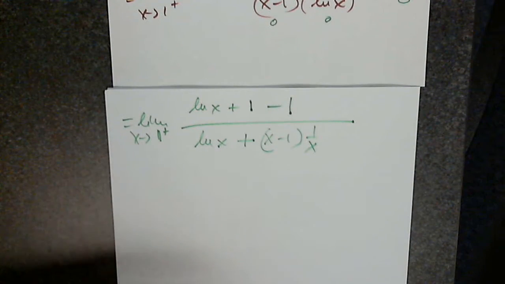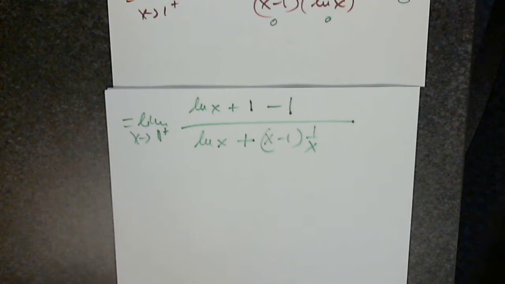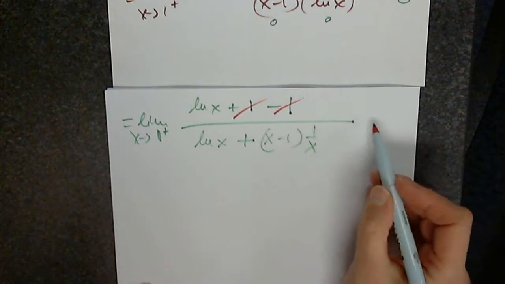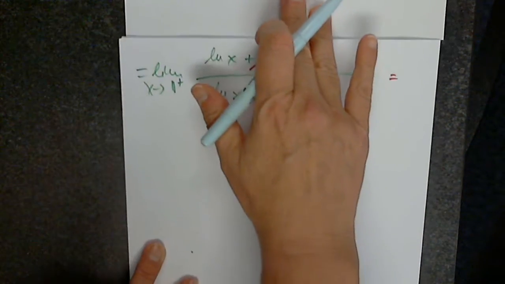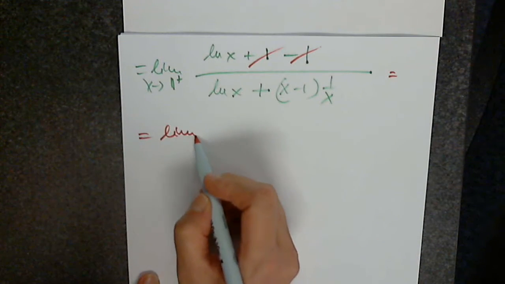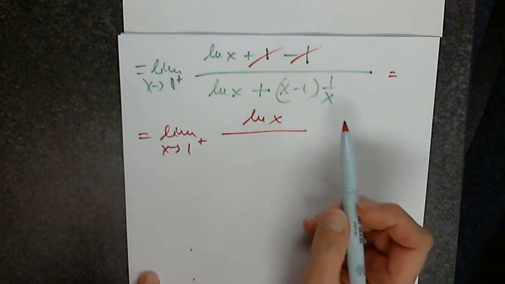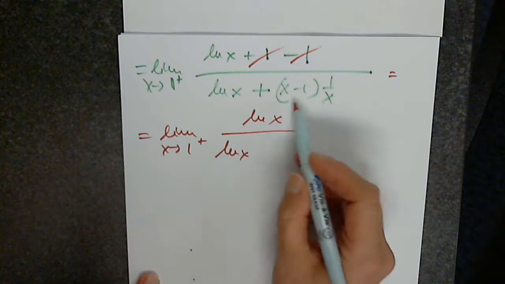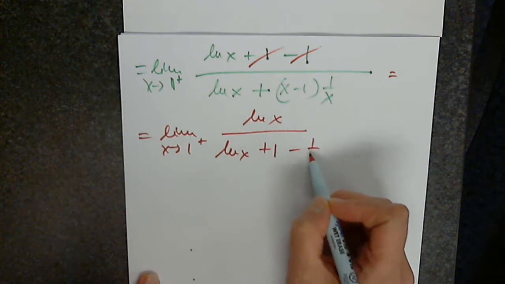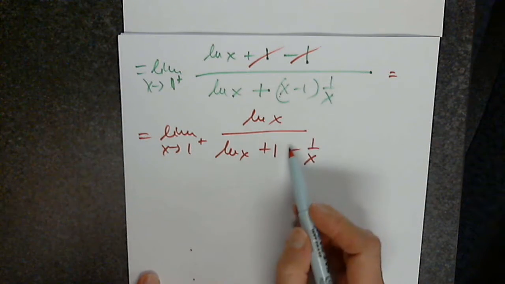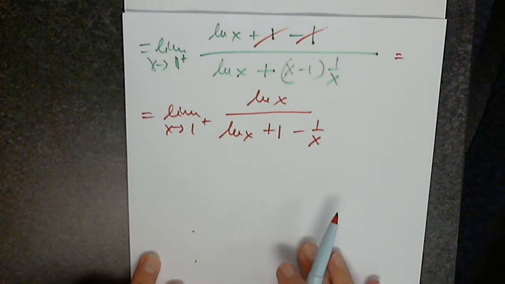Any questions so far? These two go away. So the limit as x approaches 1 from the right of natural log x plus 1 minus 1 over x.